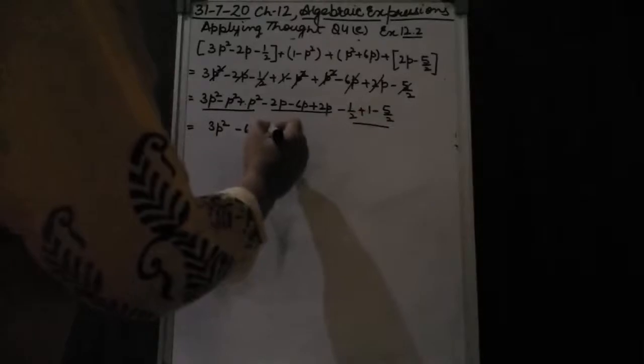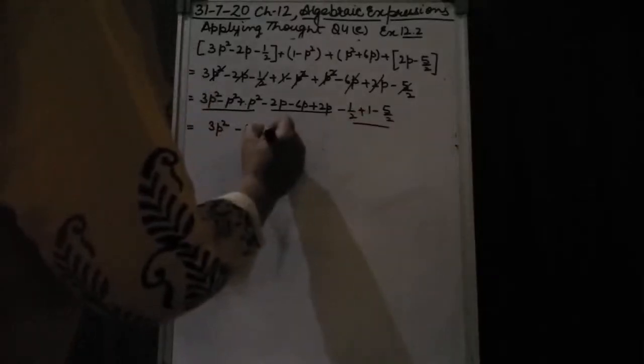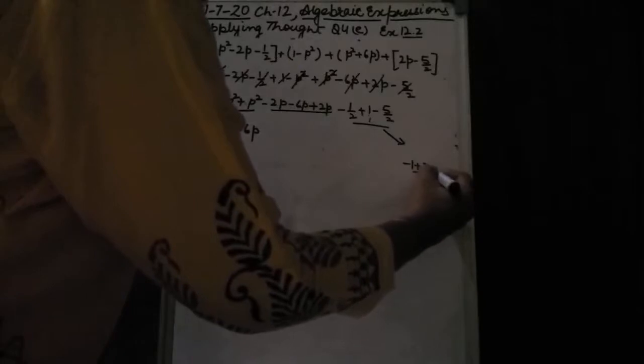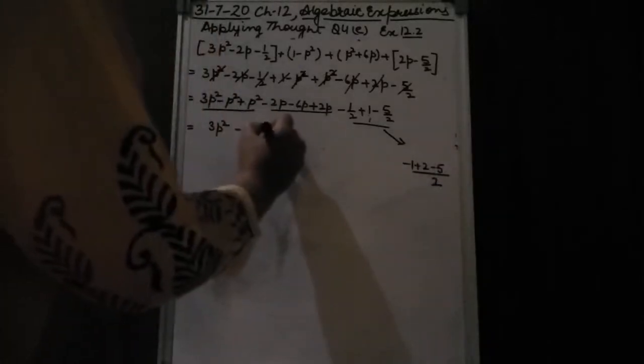Here the LCM is going to be, I'll solve this here. LCM is going to be 2. Minus 1. Be careful, you have to do the calculation along with the sign. Minus 1, for this nothing is there, so means 1 is there. So plus 2 minus 5. I'll write it here.